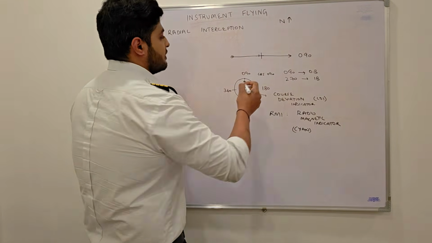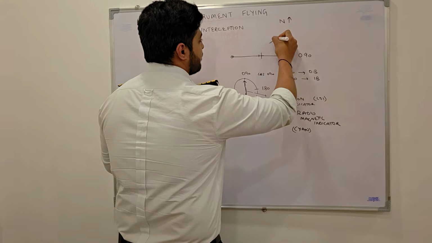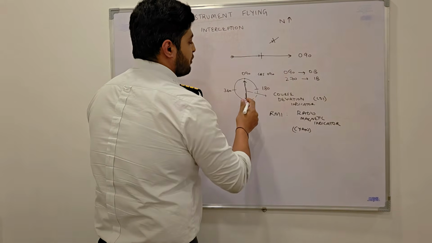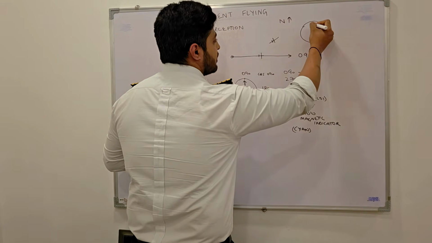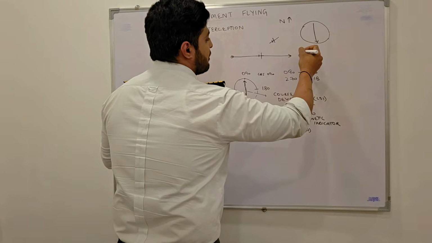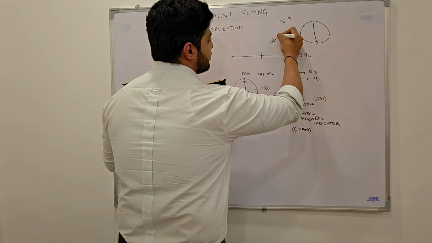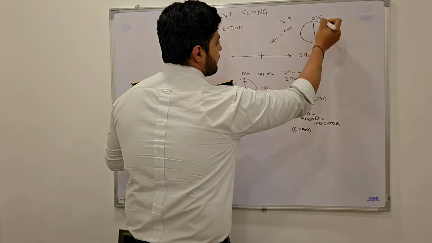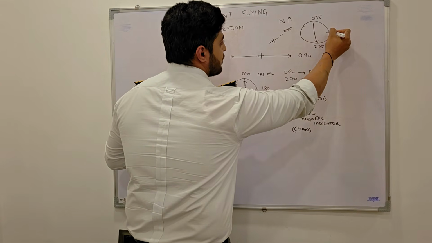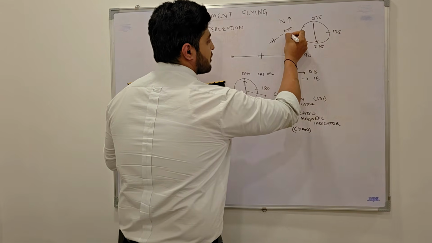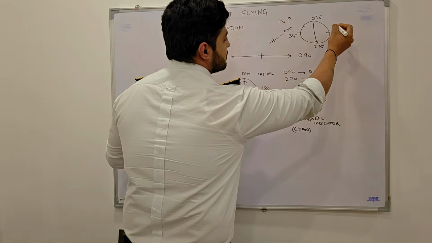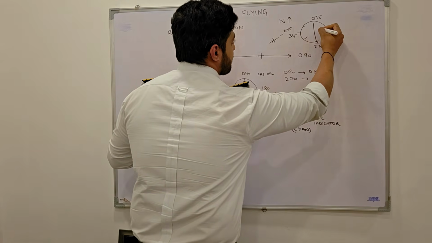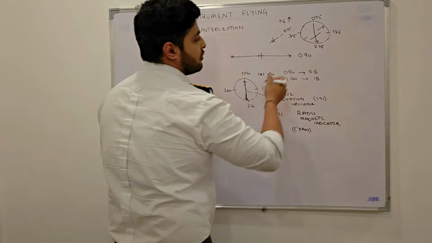For example, in a case where I am somewhere here, my RMI will point, the station is again behind me, but since I've selected 090 and this will be heading approximately 045, the CDI will show something like this.